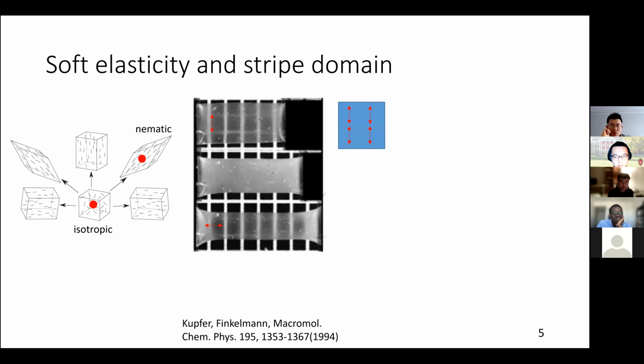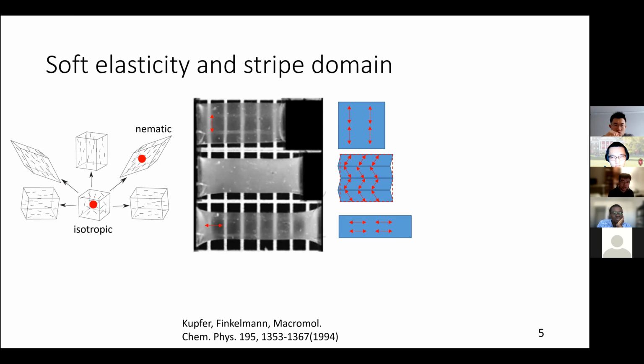As we know, if we stretch it, because the molecules want to align or extend along their aligned direction, at the end all the molecules will be in the y direction. But what happens in between is that, to accommodate the strain applied to the sheet, it forms an alternating direction pattern, so that in neighboring stripes the liquid crystal molecules, or mesogens, orient in opposite directions.